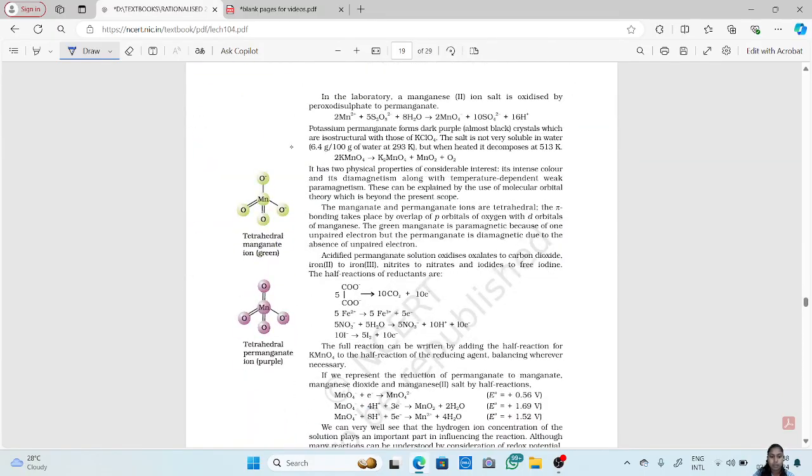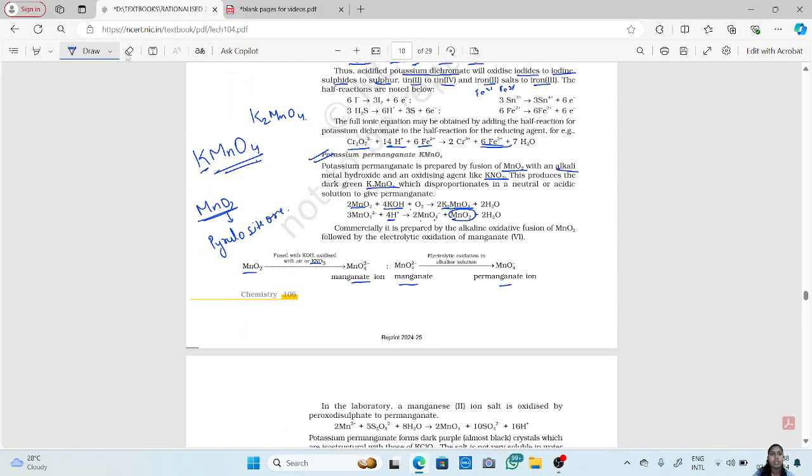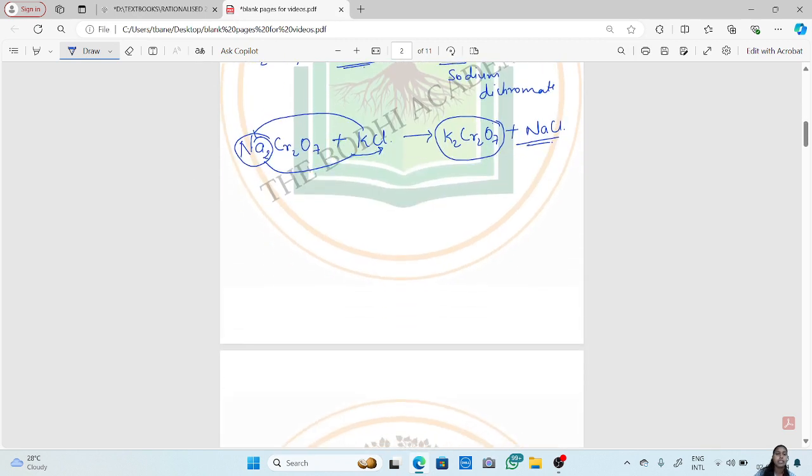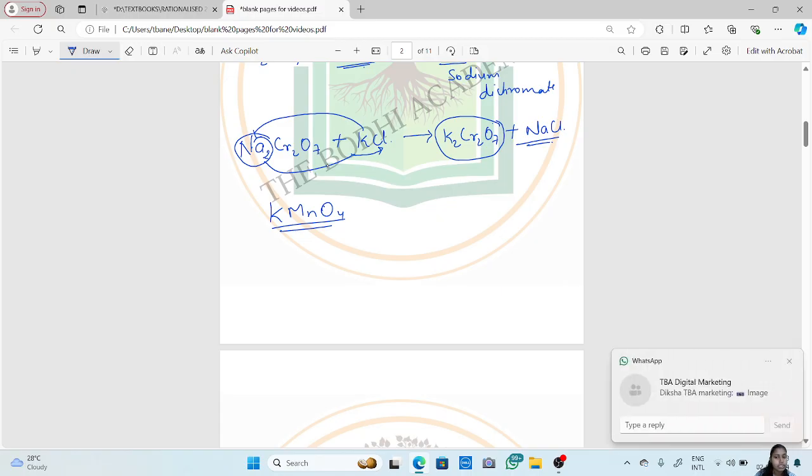Now we have seen the preparation of K2Cr2O7. Next, what we prepare is KMnO4. This is potassium permanganate. So for preparing potassium permanganate, we have taken MnO2, which is the ore used for the preparation of KMnO4.